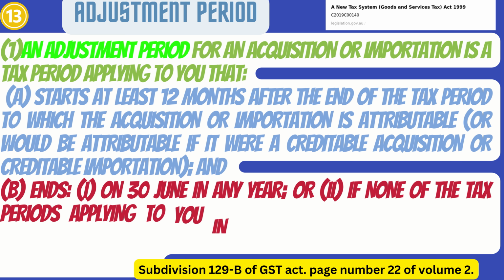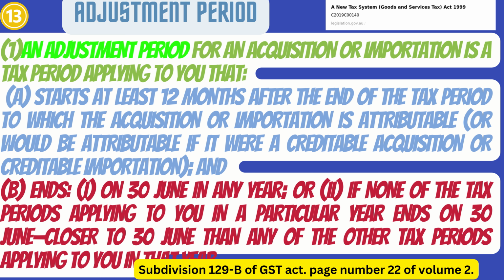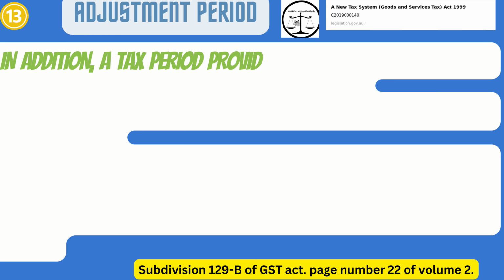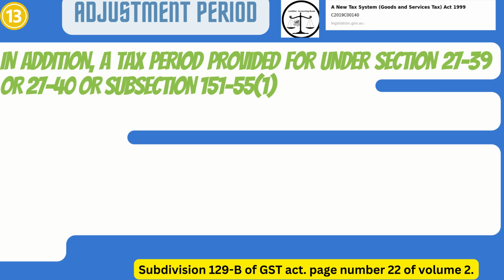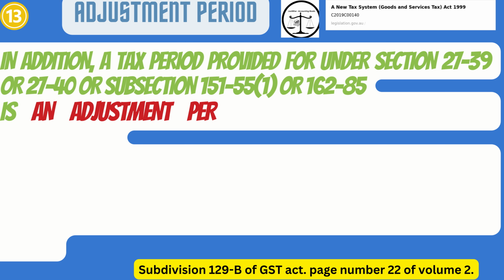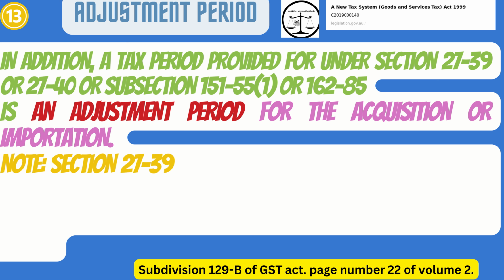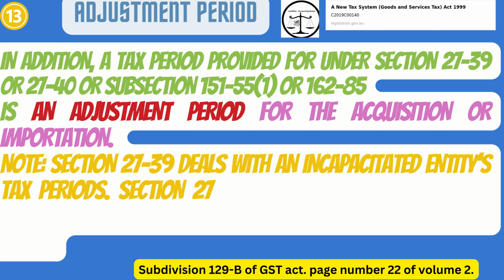B. Ends on June 30th in any year, or 2. If none of the tax periods applying to you in a particular year ends on June 30th, closer to June 30th than any of the other tax periods applying to you in that year. In addition, a tax period provided for under section 27-39 or 27-40 or subsection 151-55(1), or 162-85(1) is an adjustment period for the acquisition or importation.